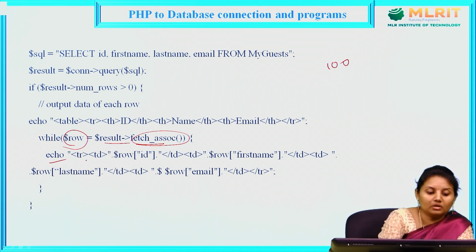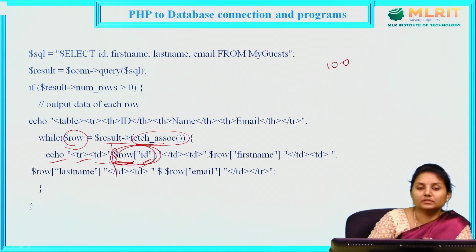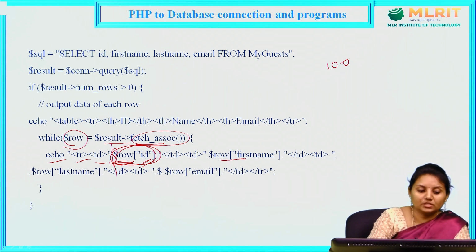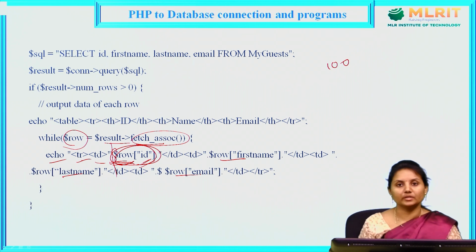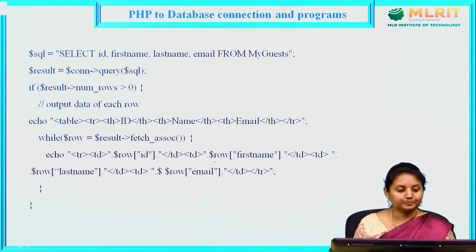So, echo row of ID. What is this ID? The ID which we have given. So, row means what? Table row. So, in that ID row, whatever value you have there has to be retrieved. So, that's why we are giving the $ symbol. Similarly, for the first name, whatever values you want to extract, you can concatenate them using this dot symbol. The dot is doing the concatenation.